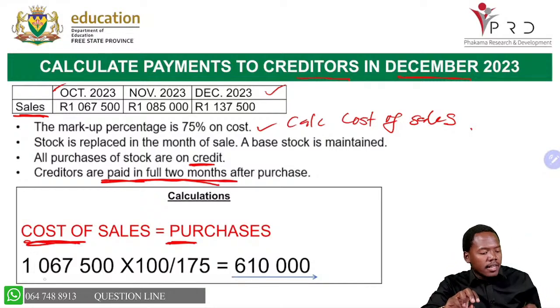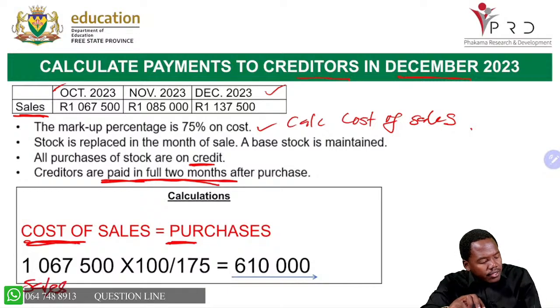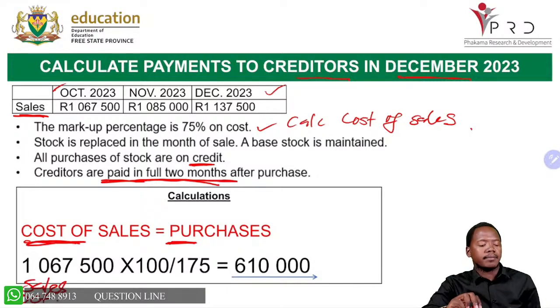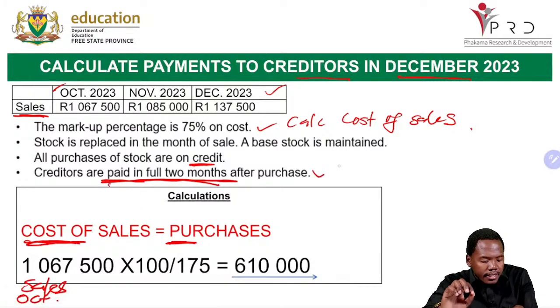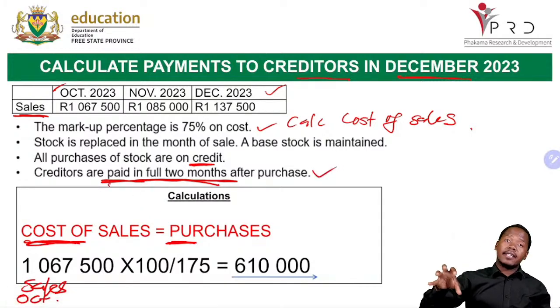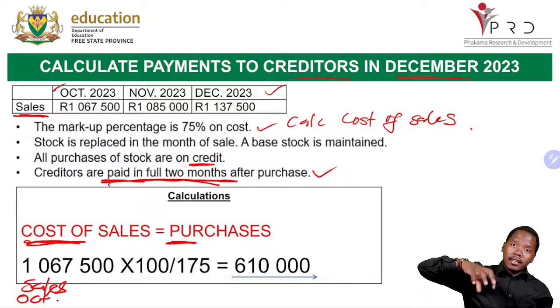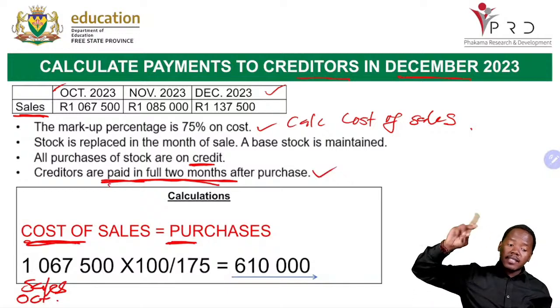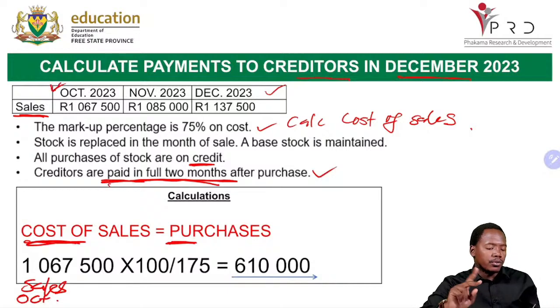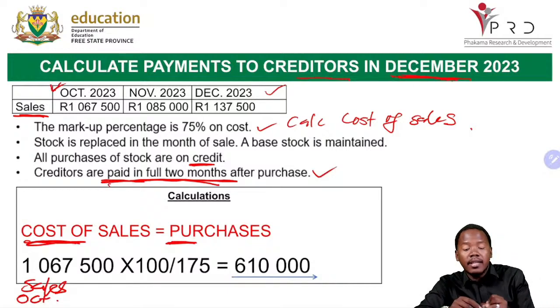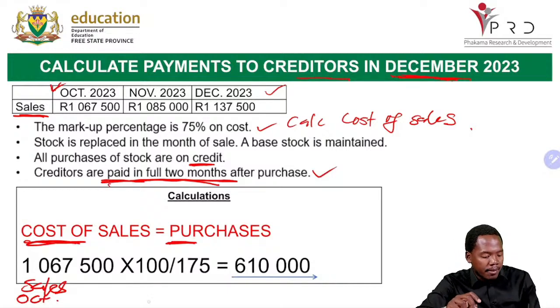Now, which sales are we going to use? We are going to use the sales of October. Why the sales of October? Because they said that if we buy in this month, we must pay 2 months later. Meaning we bought in October, we're going to pay in December, and we are calculating payments to creditors for December.